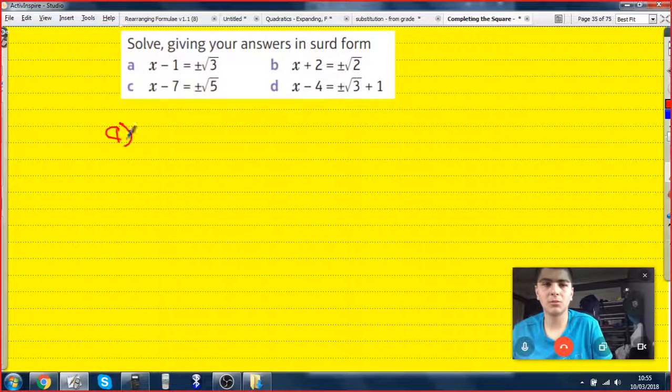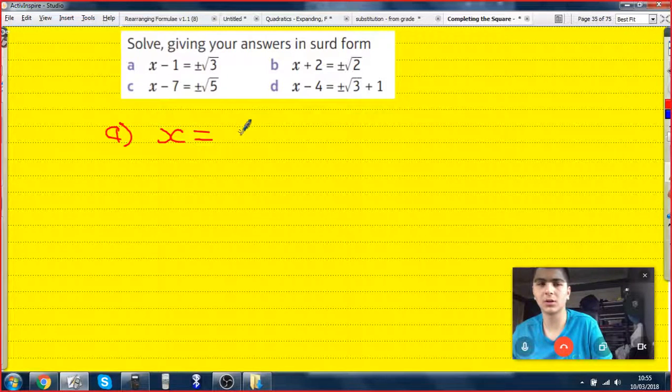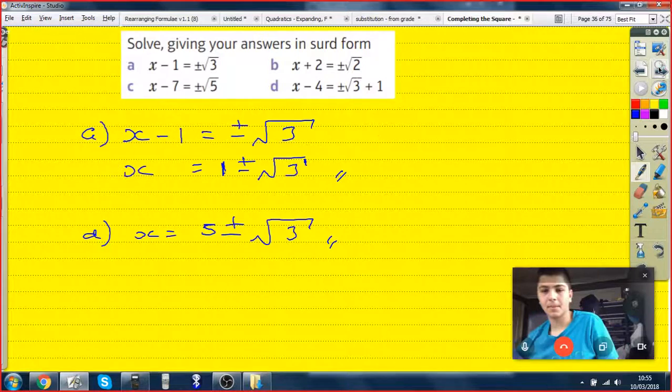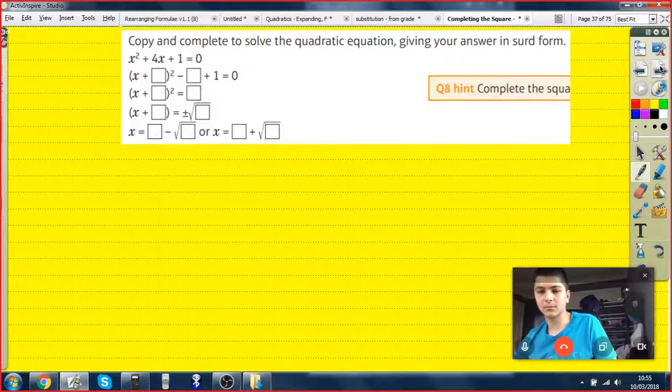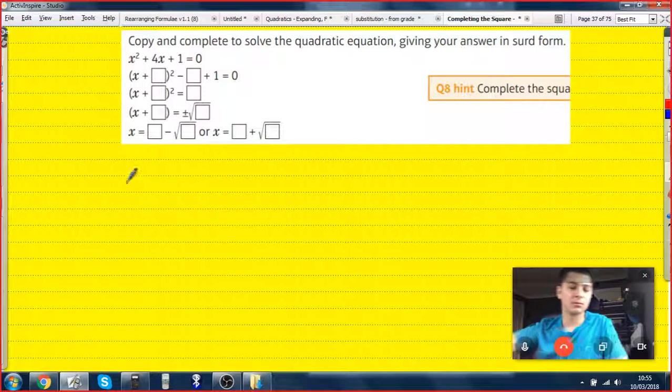Would we take the minus 1 to the other side? Yeah. And then we'd get x equals plus or minus square root of 3 plus 1. Yeah, that's fine. You can write the answer like that. Okay, so this one, put this in completed square form.